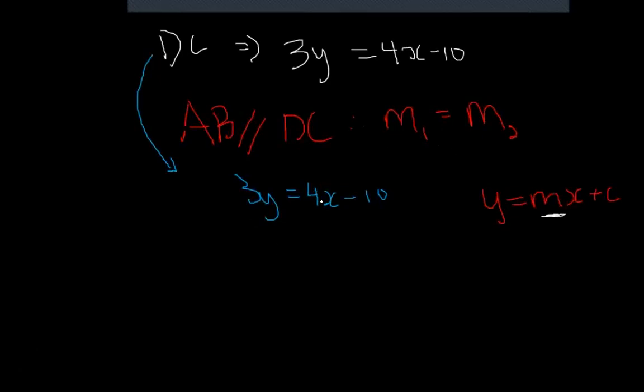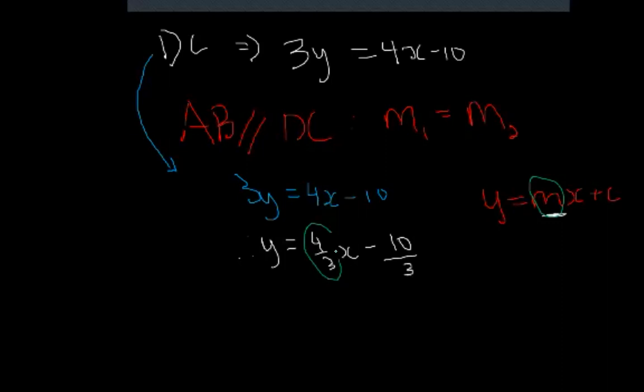So 3y is equal to 4x minus 10. That means that y is equal to 4 on 3 x minus 10 on 3. Following me so far? Yes, miss. That's my equation. Looking at this, m is the gradient, so the gradient of DC, or M2, is equal to 4 on 3.